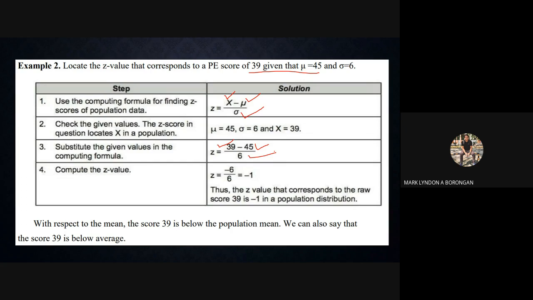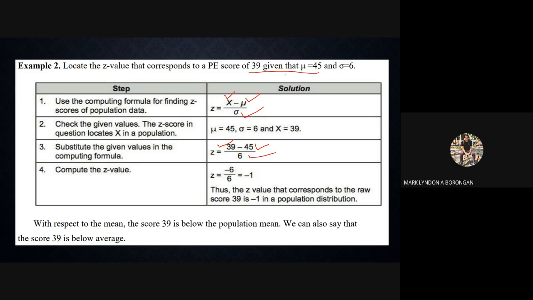Thus, the z value that corresponds to the raw score, 39, is negative 1 in a population distribution. So, with respect to the mean, the score 39 is below the population mean. So, we can say that the 39 is below average. Okay, so below siya sa average.